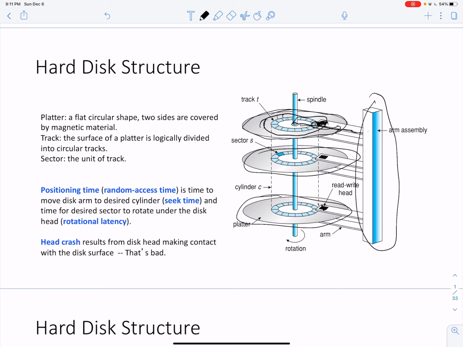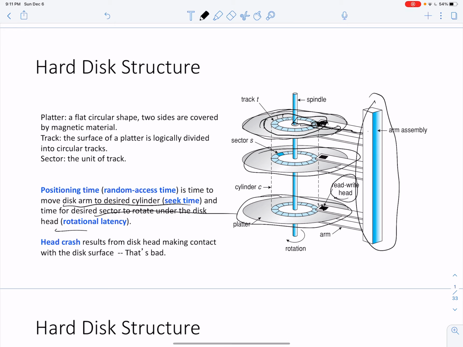The time to move the arm to the desired cylinder, we call the seek time. The time to rotate the hard drive in order to move the desired sector to the head, we call the rotational latency.